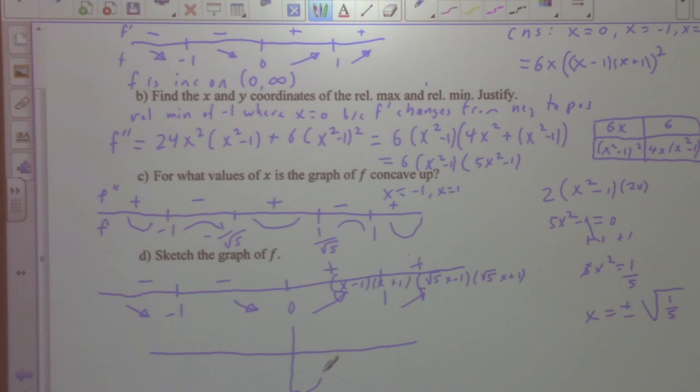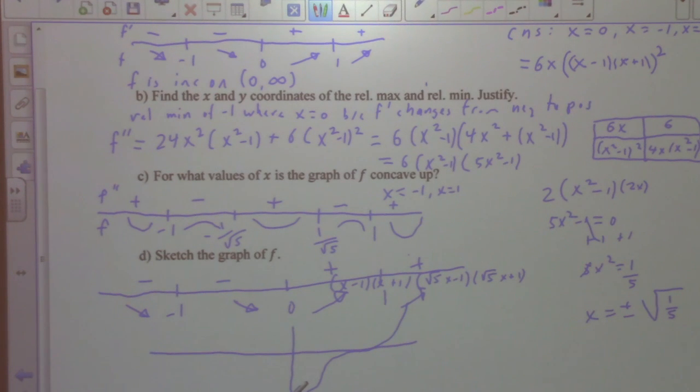So this is going to be up to this 1 over square root of 5, and what happens between here and here? Positive and concave down up to 1, and what happens at 1? Positive, positive, like this.